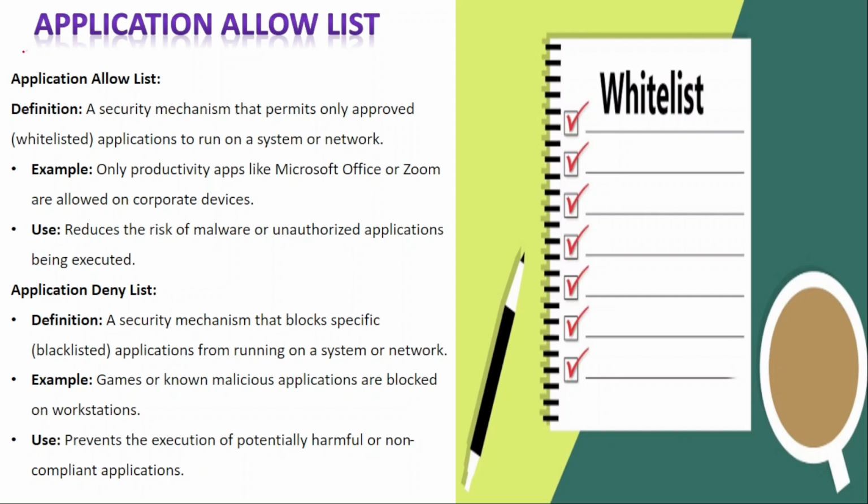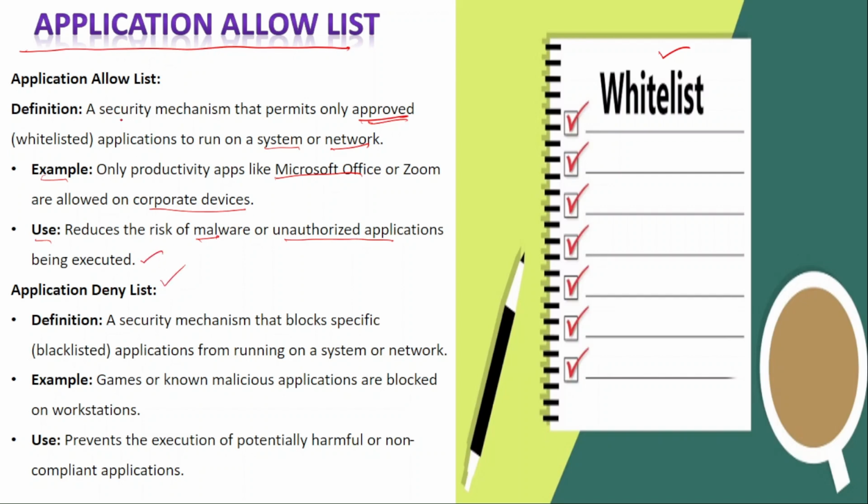Another mitigation technique is the application allow list, also known as whitelisting. It is a security mechanism that permits only approved or whitelisted applications to run on a system or network. Examples include only productivity apps like Microsoft Office or Zoom being allowed on corporate devices, and it is used to reduce the risk of malware or unauthorized applications being executed.